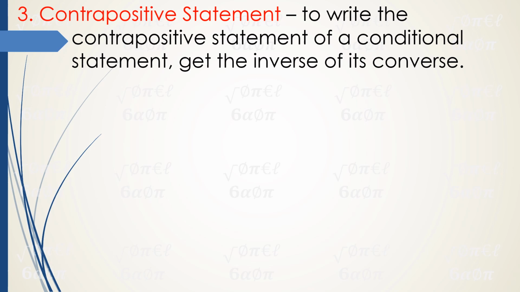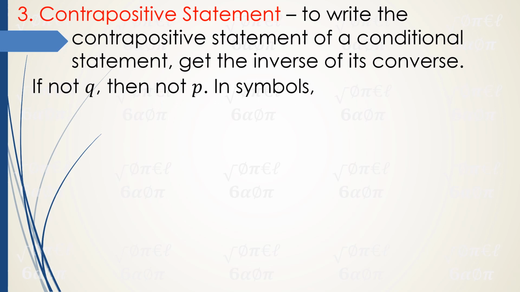What about this contrapositive statement? To write the contrapositive statement of a conditional statement, get the inverse of its converse. So, inverse daw nung kanyang converse. So, ang ibig sabihin, ang gagawin natin ay if not Q, then not P. So, ang ginawa, pinagbaligtad, pagkatapos nilagyan pa ng negation.